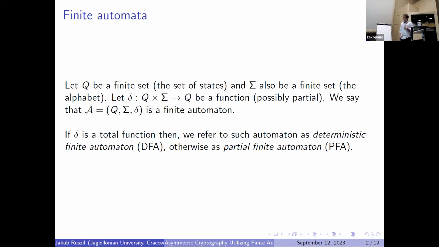Actually, a partial finite automaton is also deterministic, but we need some differentiation between them because it's important in this talk.